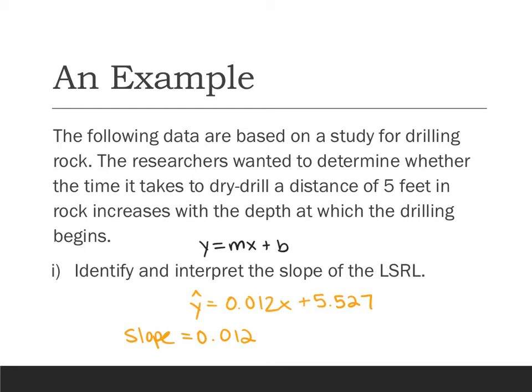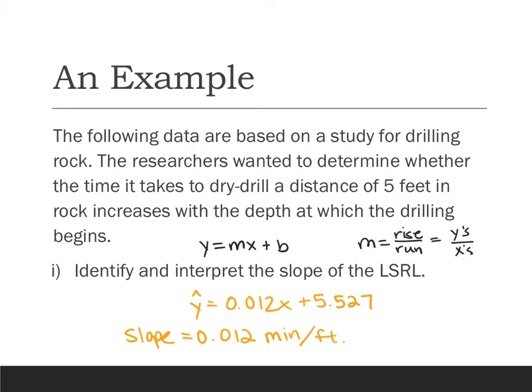So let's go back to, it's the rise over the run. It's the difference in the y's over the x's. And so the units are going to be the units of the y. Remember that was minutes. And then divided by the units of the x's, per foot.